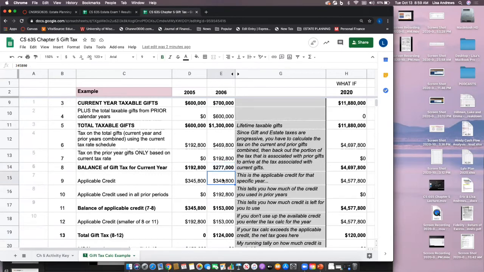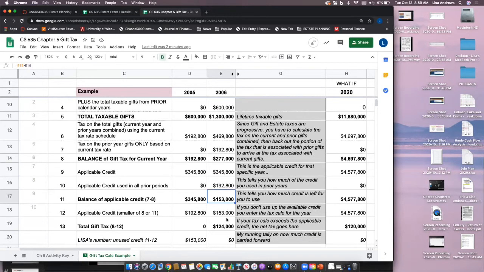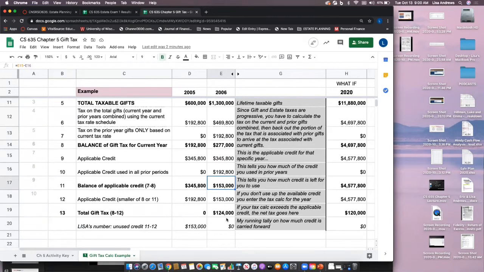And again, with the applicable credit, this is the one that's in force for that specific year, minus what you used in the past to get you to what's left for you to use this year. And you look at the smaller of the applicable credit or line 8, balance of tax for this year.